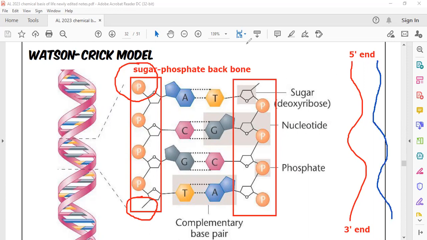In this chain, what end is this and what end is this? First of all, go for the upper end. What end is this? 3' end or 5' end?